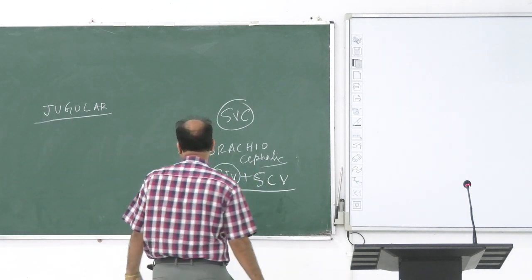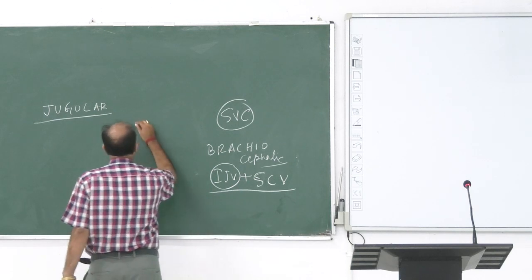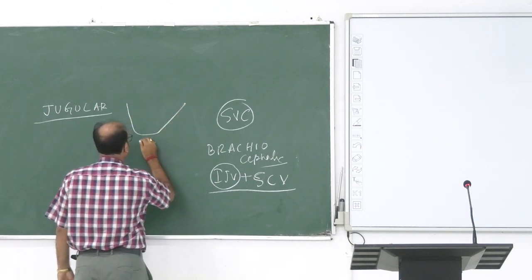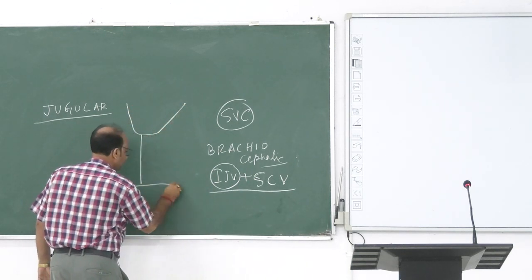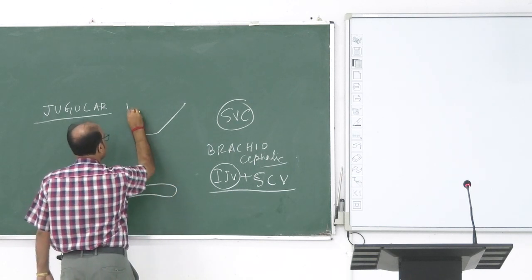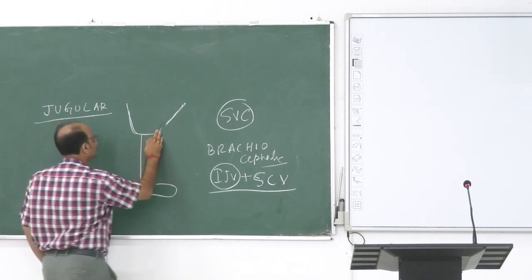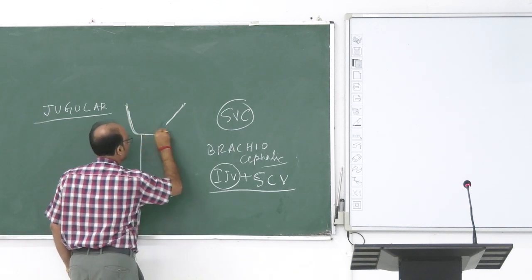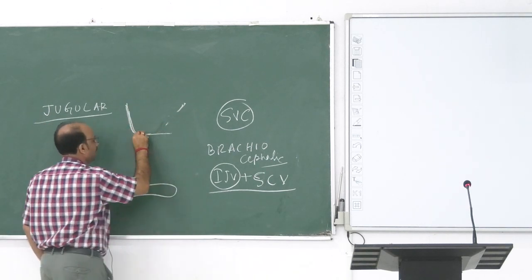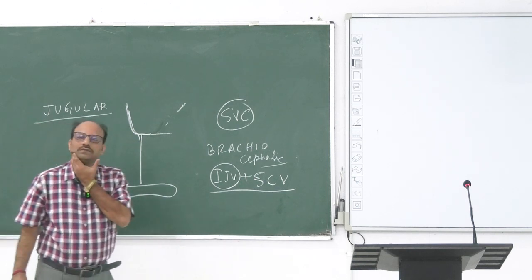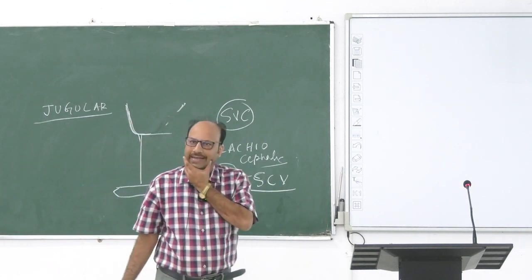External jugular vein. How is the external jugular vein formed? What is this? Angle of the mandible.